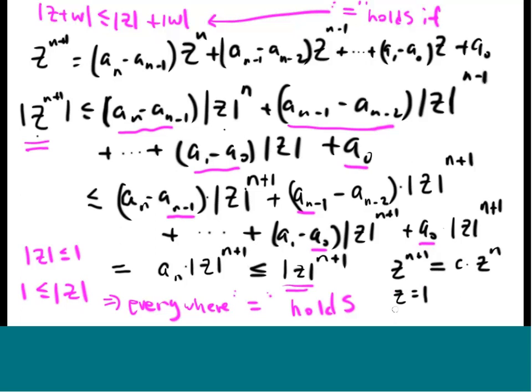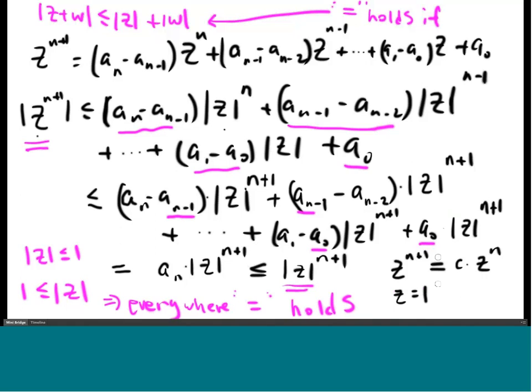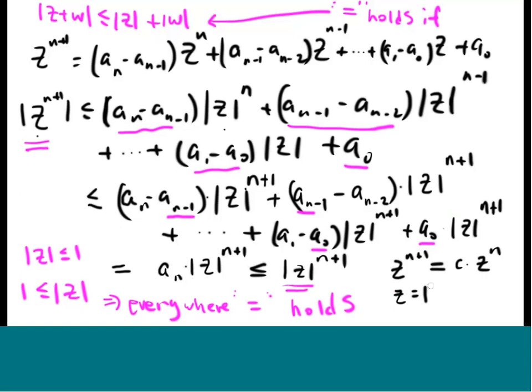Because Z is going to be real, then Z is greater than 1, then Z is less than 1. It can only be 1. So C is greater than 1. Then you have everything is going to be equal. Then Zn plus 1, then Zn minus 1. Everything is going to be equal.